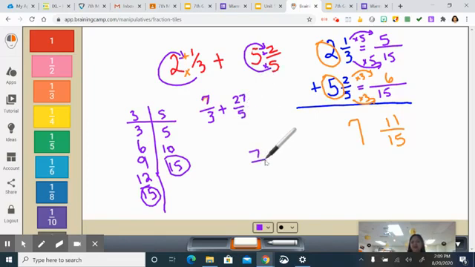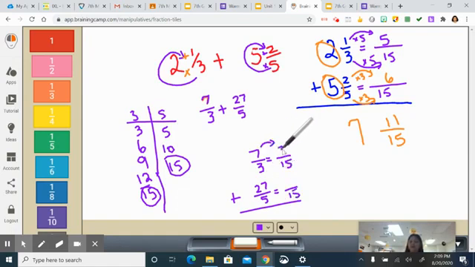So again, I'm going to do it vertically. I'm going to find the least common denominator, which is still 15. Now, how do I get from 3 to 15? Times 5.